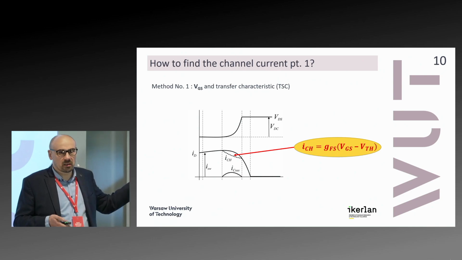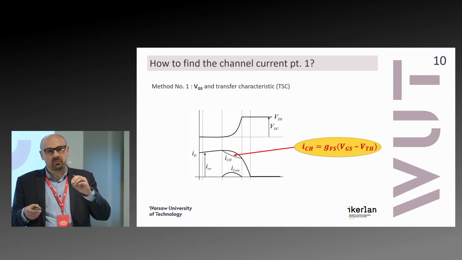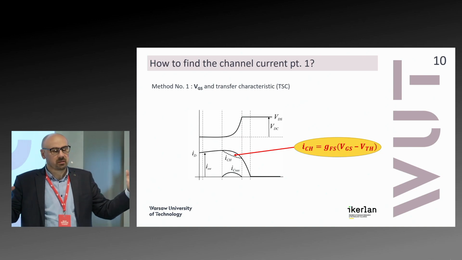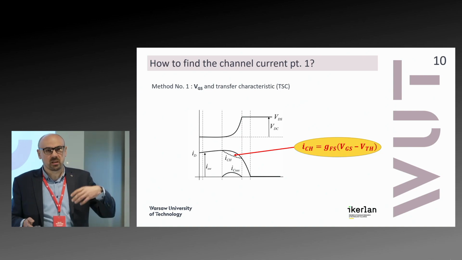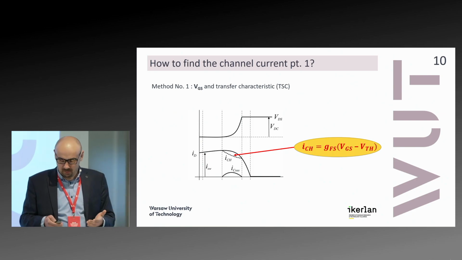If I go to the data sheet and take the transfer characteristic, this is just one version of the whole family of characteristics, because we have several factors influencing this characteristic.